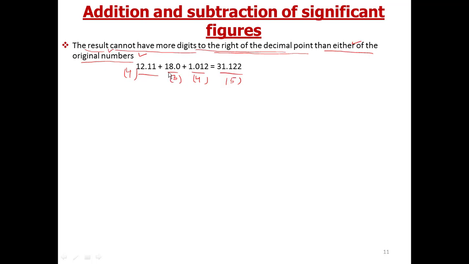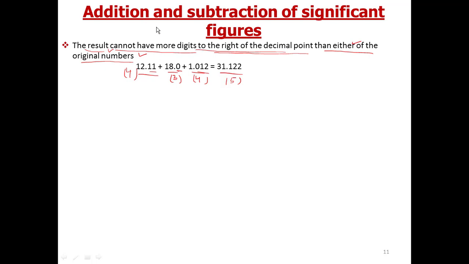So we have to count the number of digits after the decimal point in the original numbers. So it has 2 digits after the decimal point, it has 1 digit, it has 3 digits. So the rule says the result should not have more digits than either.